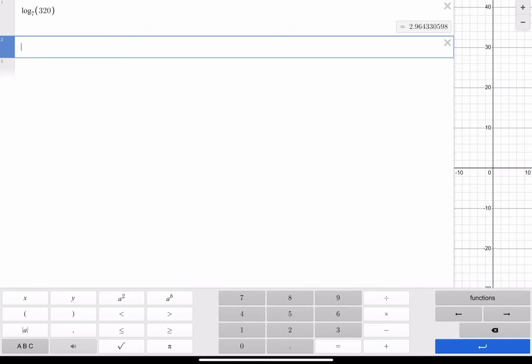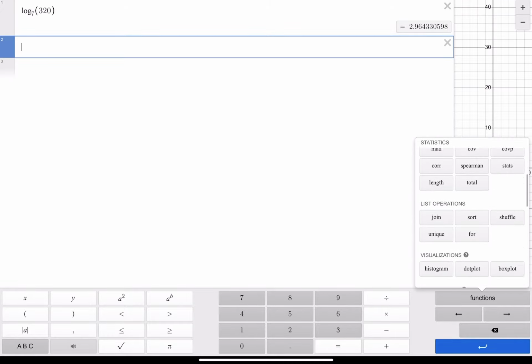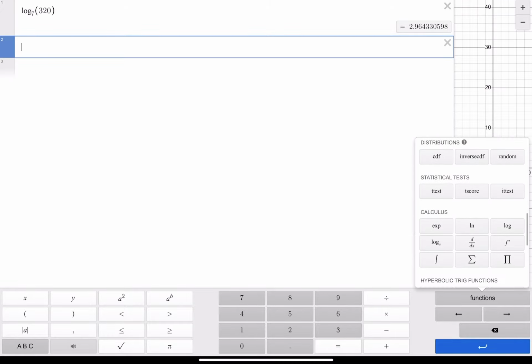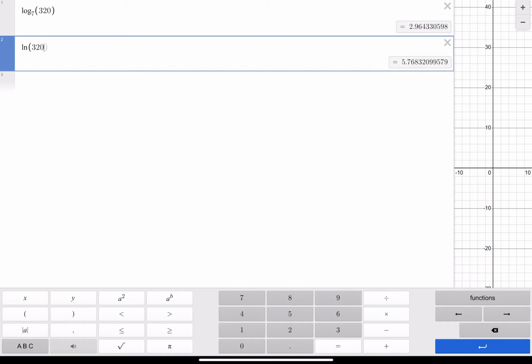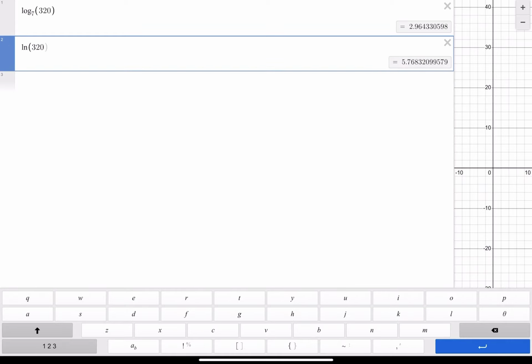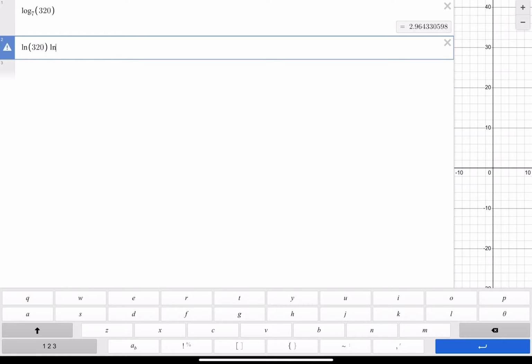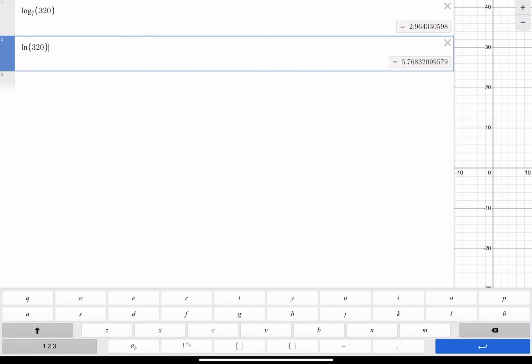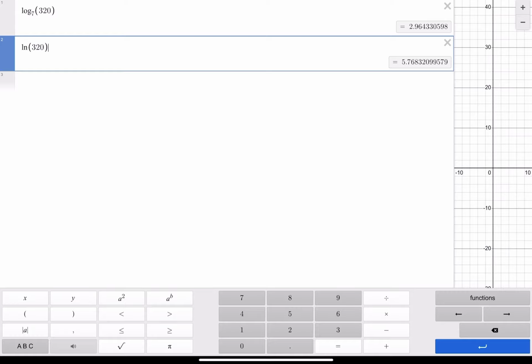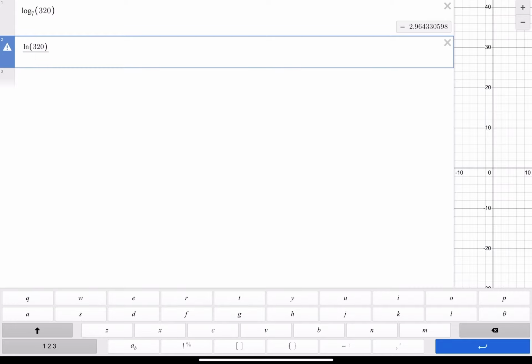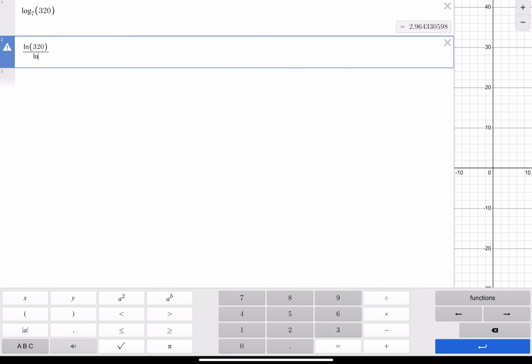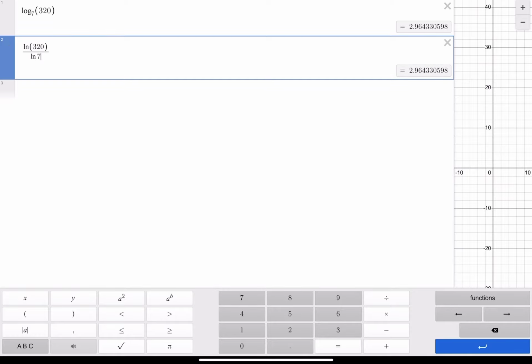And now when I change it to ln, where is my ln? ln 320 over, I forgot the division sign. Divide ln 7. And if you can see, both of them are exactly the same. That's how the change of base formula works.